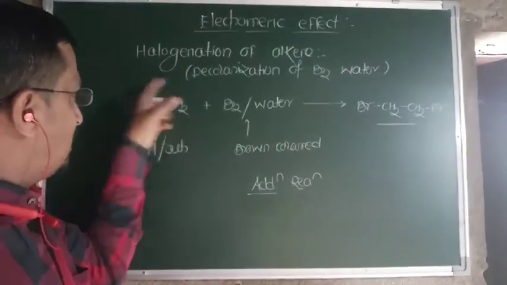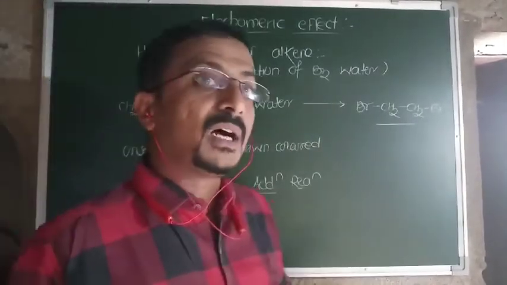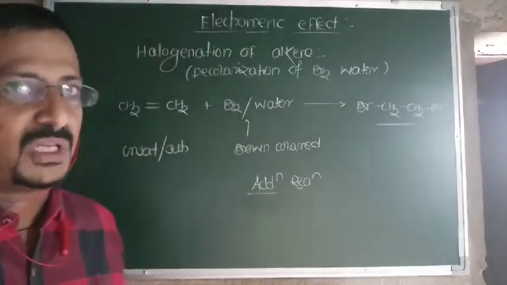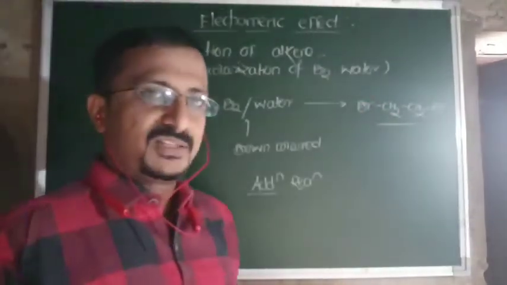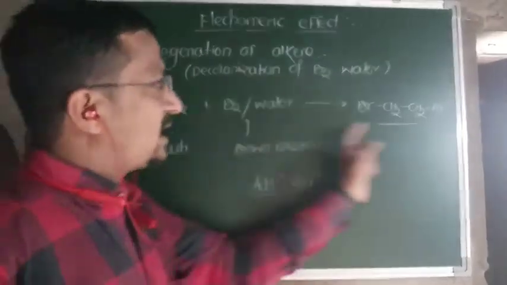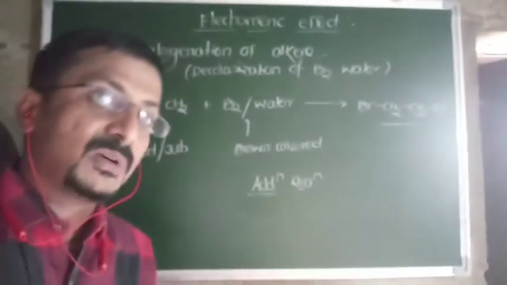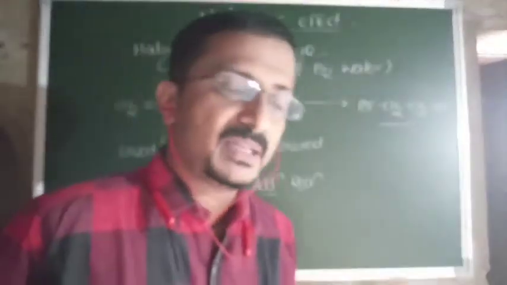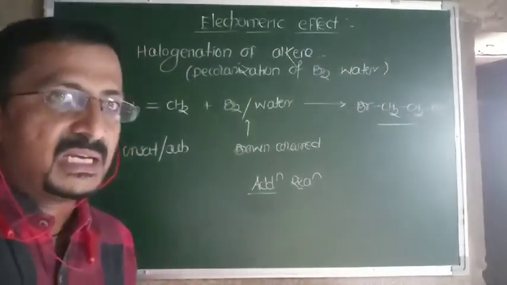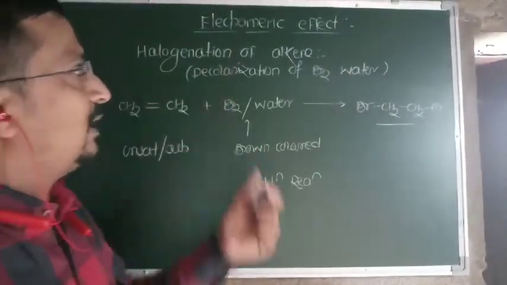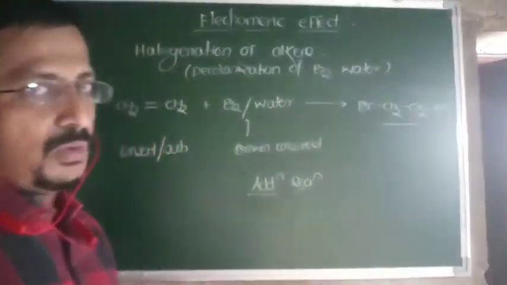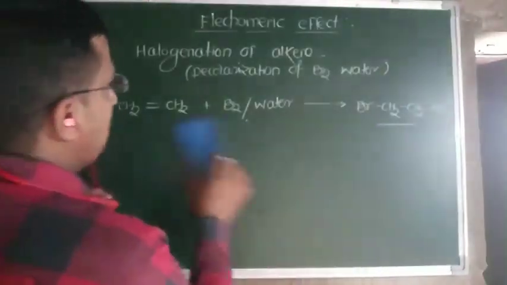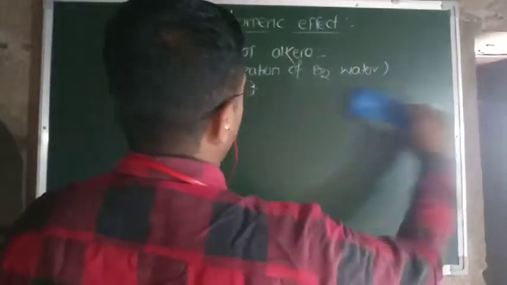Now in this case, ethene as well as bromine both are non-polar in nature. Still the reaction occurs. This reaction cannot be explained by means of hyperconjugation, inductive effect, or resonance. It can be better explained by a new concept, that is the electromeric effect. Now see here.